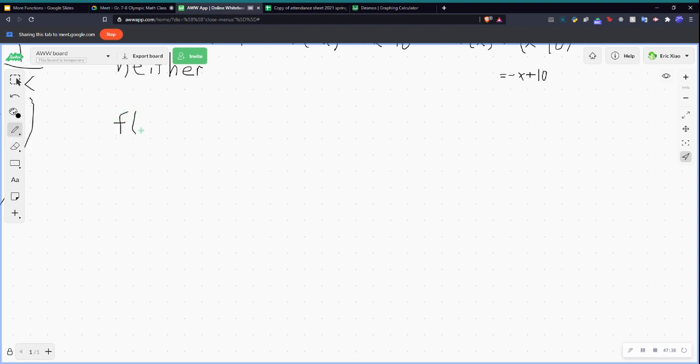So f of x is equal to 1 over x. It's the reciprocal function again. Now you want f of negative x. So now we just have negative x inside the denominator. We can just move it in front of the fraction.